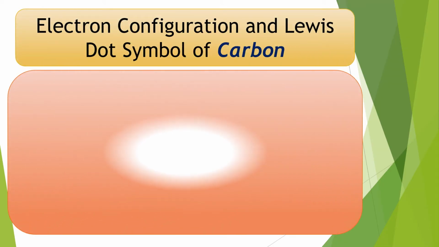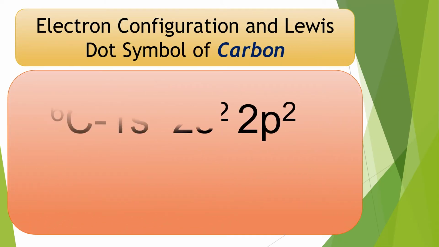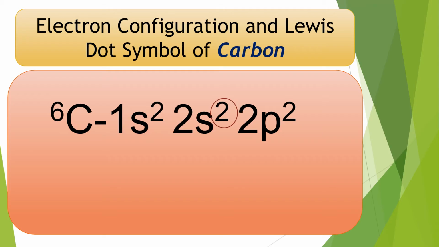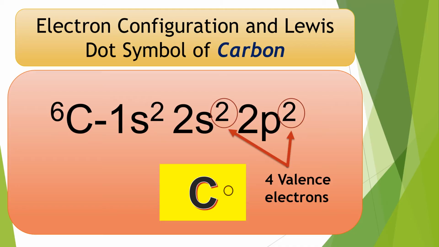Electron configuration and Lewis dot symbol of carbon. Carbon has atomic number 6 and therefore it has 6 electrons, and it has 4 valence electrons because it is included in family 4. And the Lewis dot symbol is capital C with 4 dots.